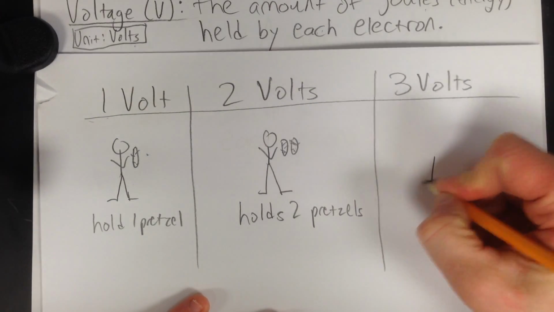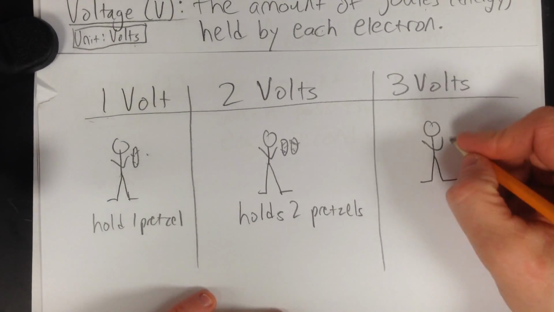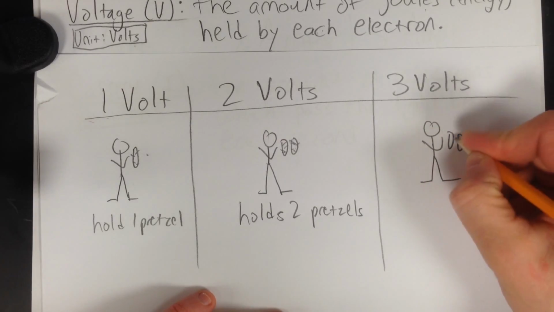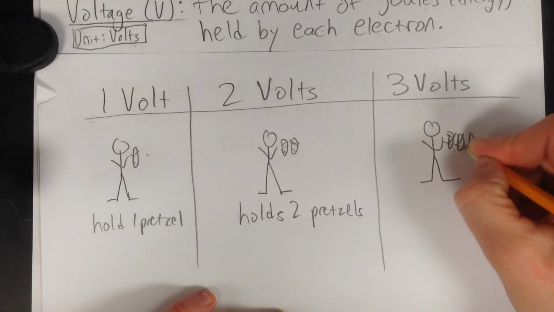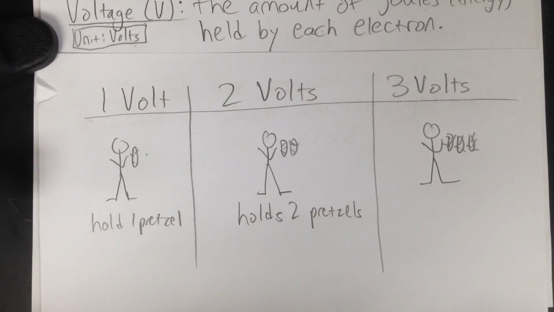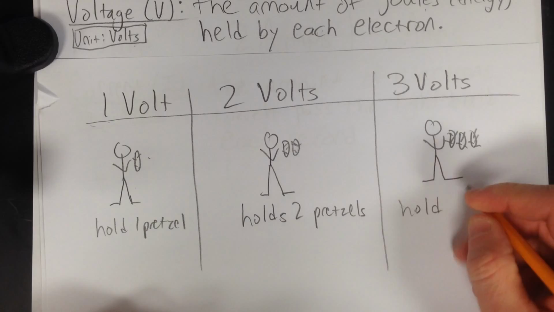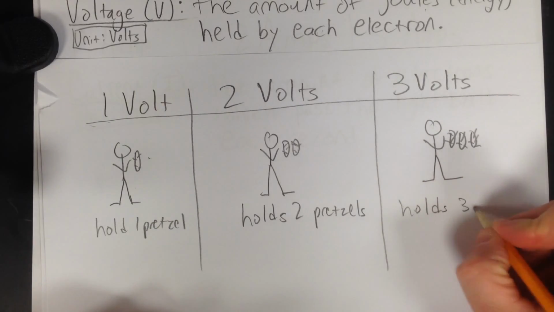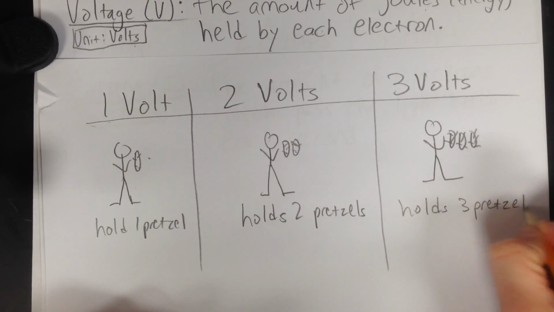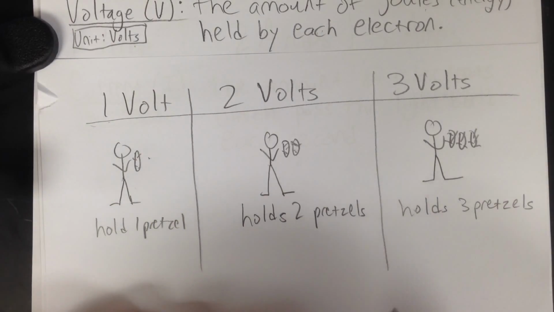And what would 3 volts be? That'd be if each electron held 3. So all those electrons in your circuit would each be carrying 3 pretzels. That would be 3 volts. So voltage is just a measurement of how much energy each electron carries.